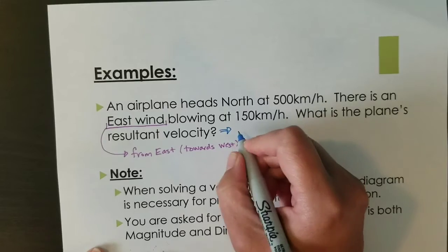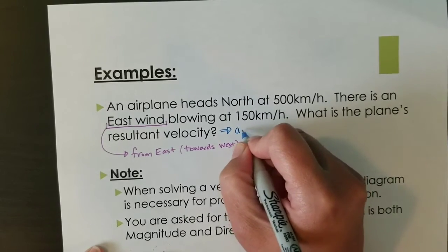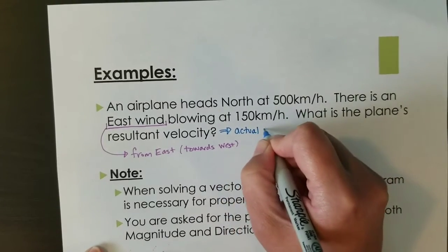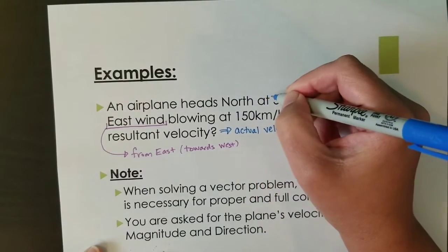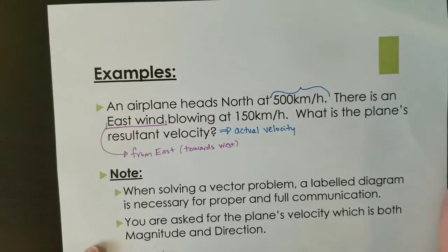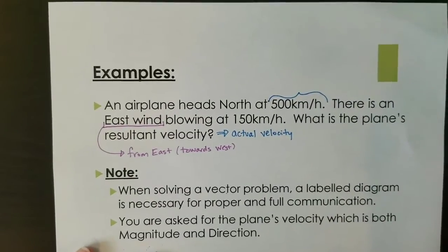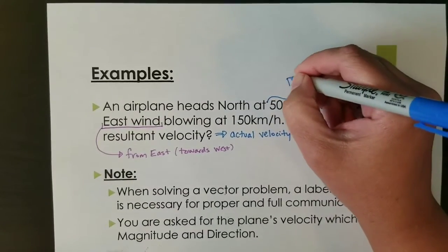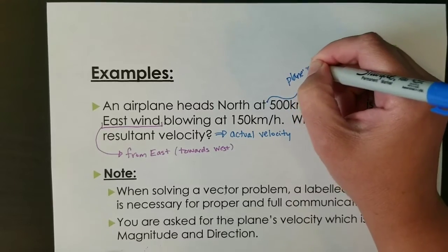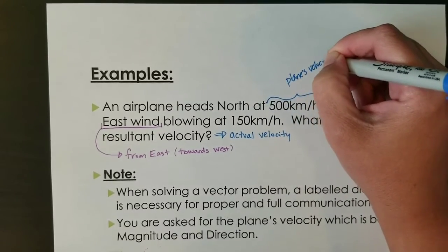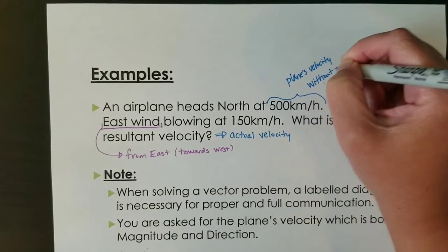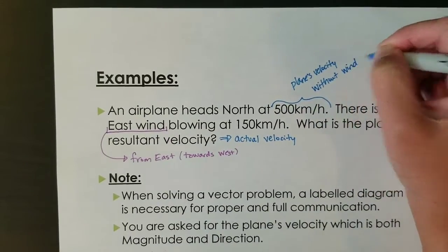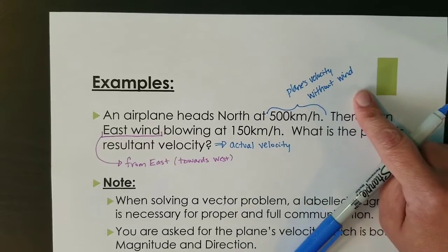So resultant will be the actual velocity and the plane's given velocity would be if there was no wind. So that's the plane's velocity without any wind.